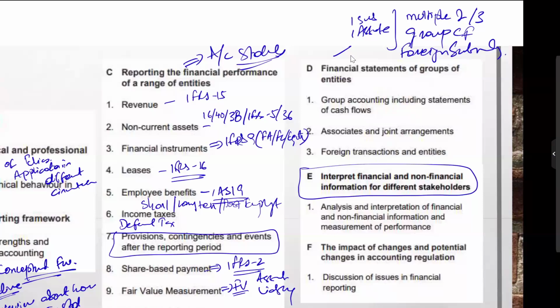We would be establishing different types of ratios, different financial performance indicators and non-financial performance indicators.